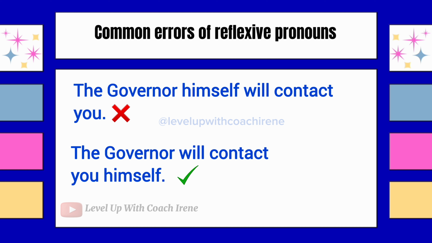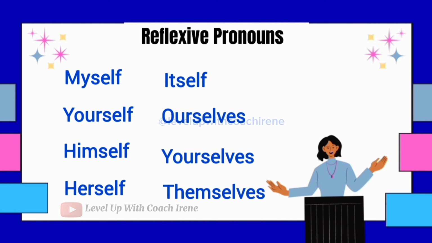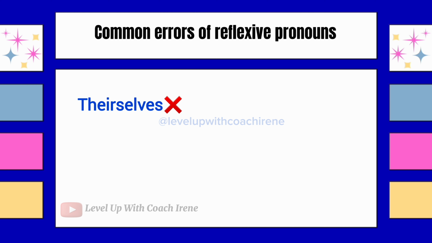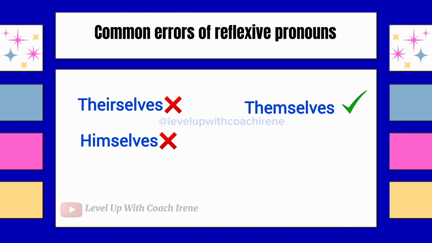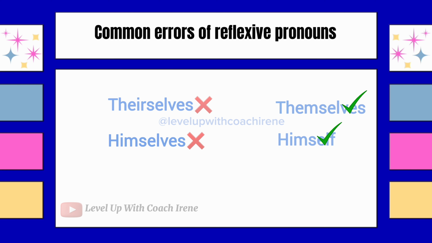So reflexive pronouns should be used only when the subject and object are the same, or for emphasis when it makes sense. Note that these reflexive pronouns are the only ones we have in English language. So, when you see something different, you should know that it is incorrect. For example, using theirselves for themselves, or using hisself for himself.